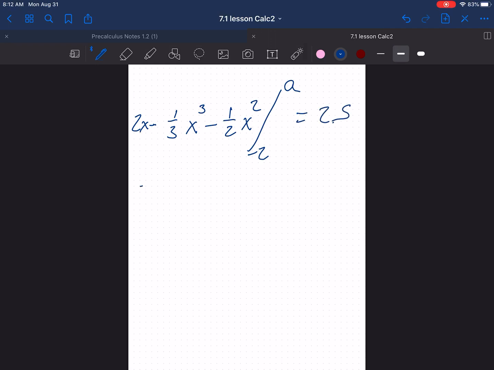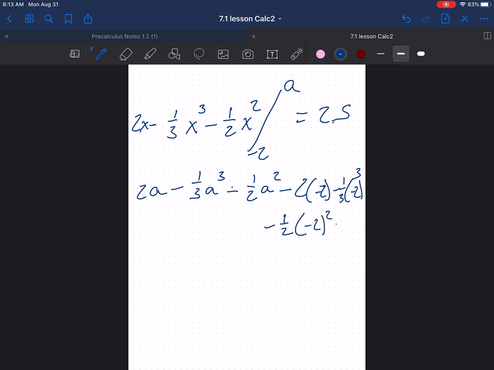So plug your a in, we get 2a minus 1/3 a cubed minus 1/2 a squared, and then you plug in your negative 2: minus 2 times negative 2 minus 1/3 times negative 2 cubed minus 1/2 times negative 2 squared, and it all equals the 2.25.